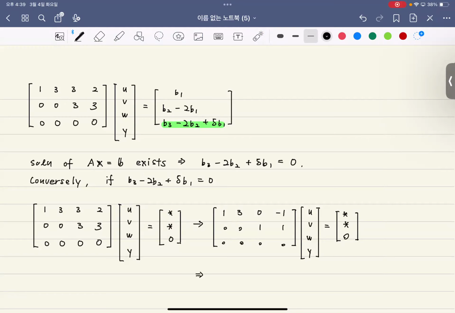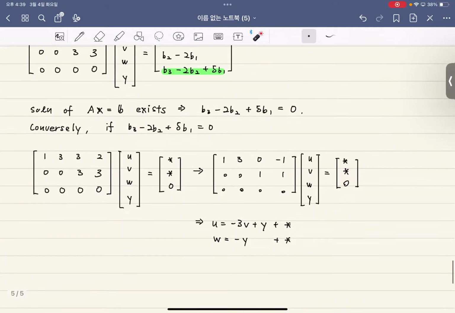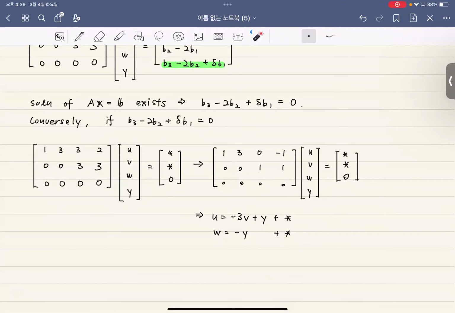Then U is -3 times V plus Y plus the star, and W is -Y plus this star, right? So, what is this? If this guy equals 0, then I can find the solution for every random choice of V and Y. Then you can actually determine these 2 pivot variables U and W. So that means you can find a solution.